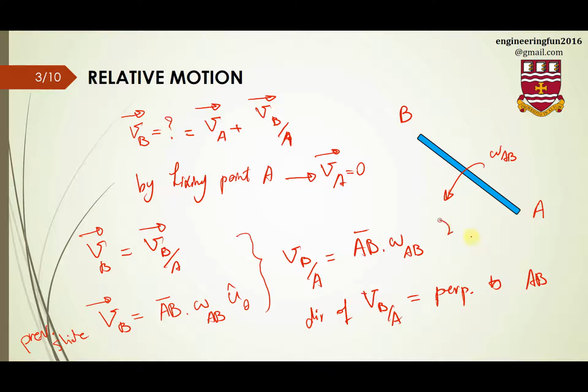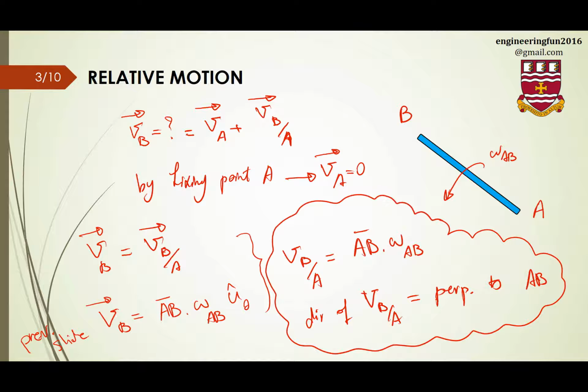Okay, so these two are very important equations that we found at this point. We found the amount of relative velocity, and we found the direction of relative velocity. V B over A, V A over B, V C over B, whatever, when we have a fraction here, this notation means that we are facing a relative velocity in the question.